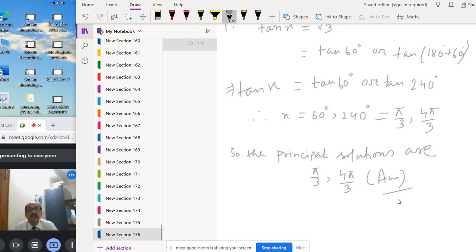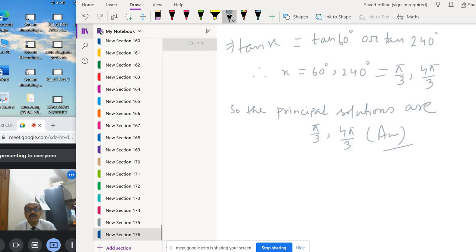So in general, tan x equal to tan 60, means tan pi by 3. Okay. So use the formula: tan x equal to tan y.